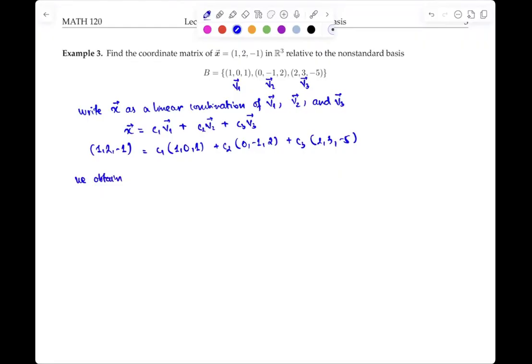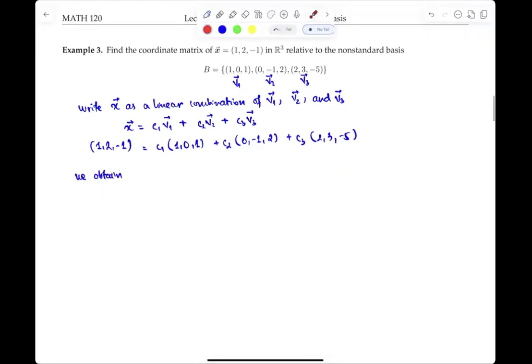For the first equation, you get 1 equal to c1 plus 0 c2 plus 2 c3, or c1 plus 0 c2 plus 2 c3 equal to 1.